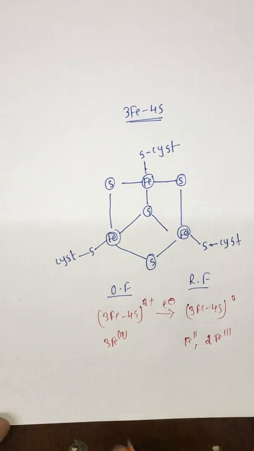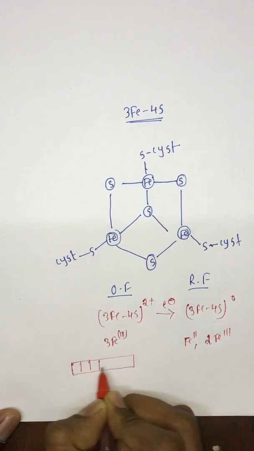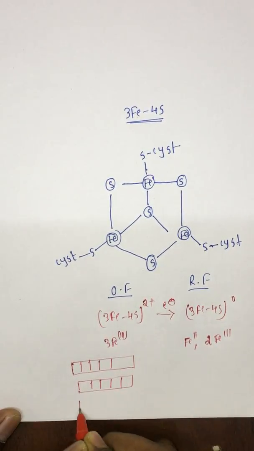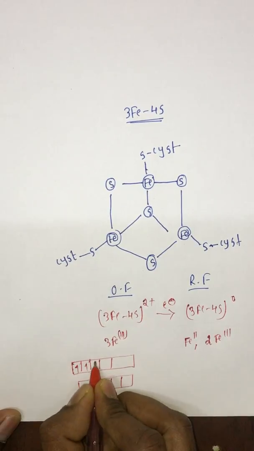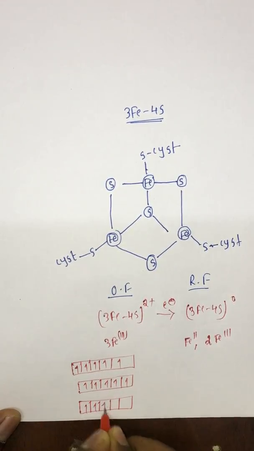Okay, now we will see the magnetic behavior. 1 2 3 4, now we have 1 2 3 4 5, 1 2 3 4 5, 1 2 3 4 5.